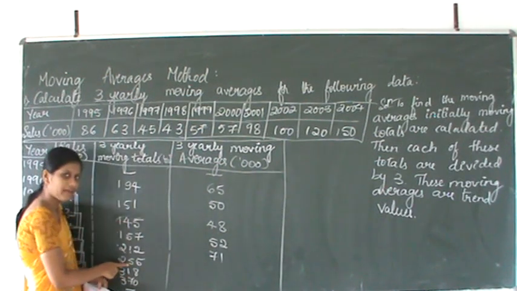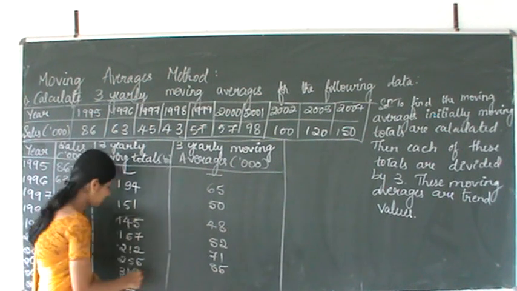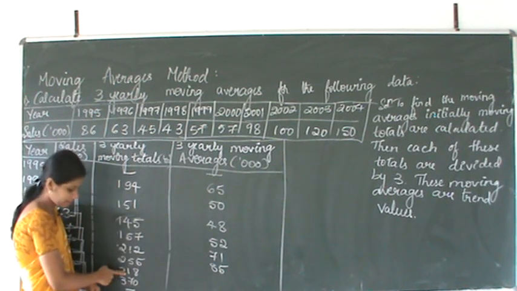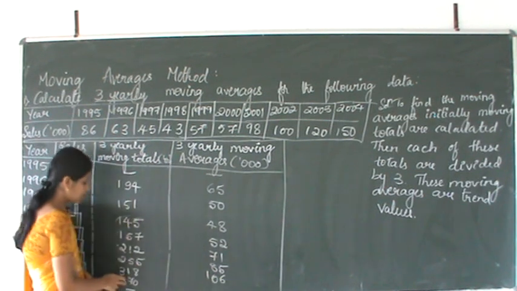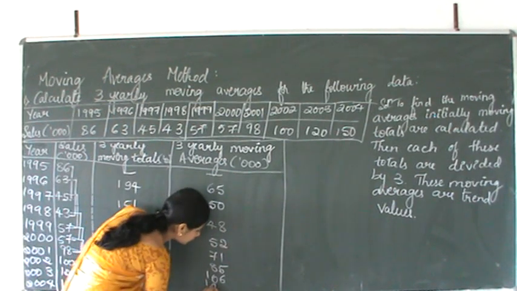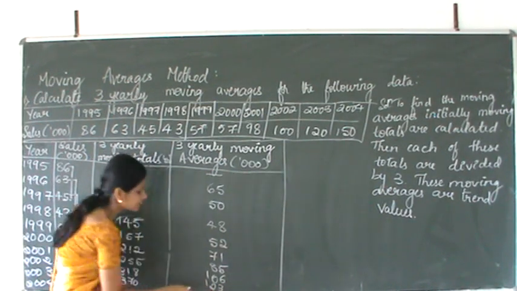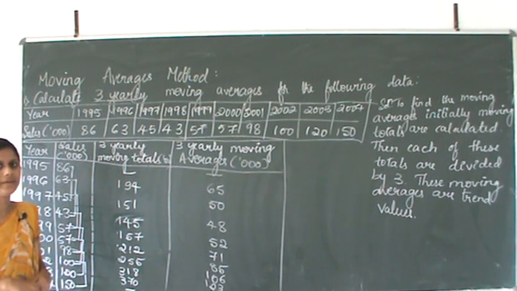Next, 255 divided by 3 is 85. Next, 318 divided by 3 is 106. 370 divided by 3 is 123.3. So we will write 123 and the last line will be blank. So like this you are going to obtain the moving averages.